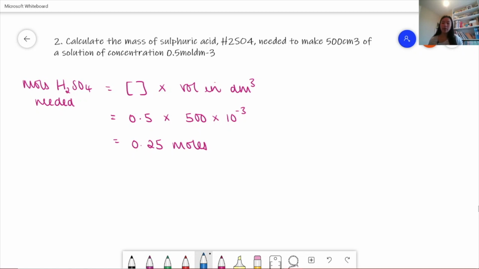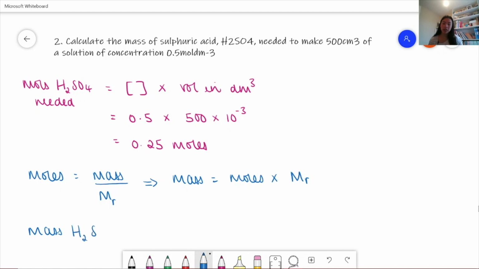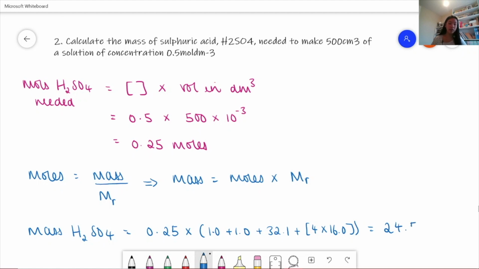So we have that the moles is equal to the mass over the MR, and so that gives us mass equals moles multiplied by MR. So the mass of sulfuric acid which will be needed is equal to 0.25 multiplied by the MR of sulfuric acid, which is 1.0 plus 1.0 plus 32.1 for the sulfur, and then plus 4 times 16 for the oxygens. And so this gives us 24.53 grams.